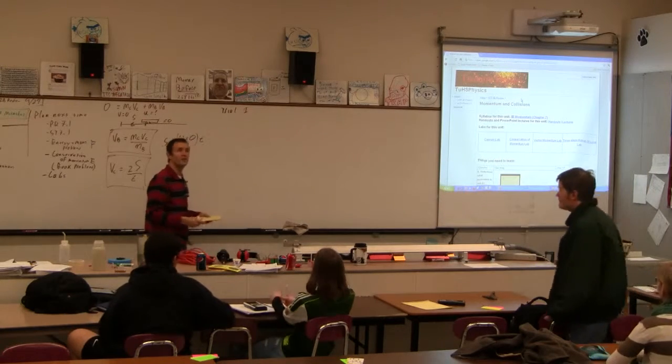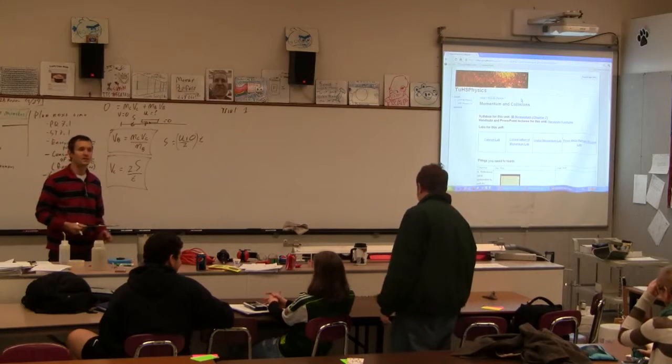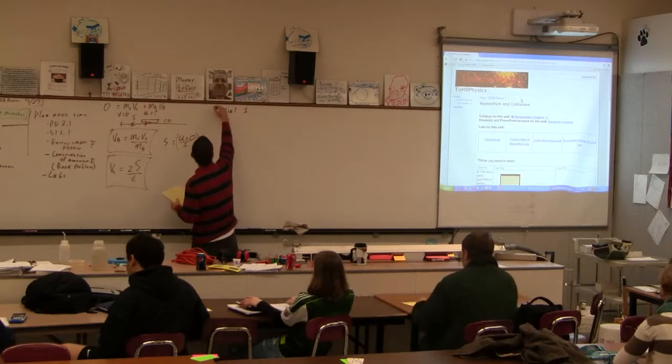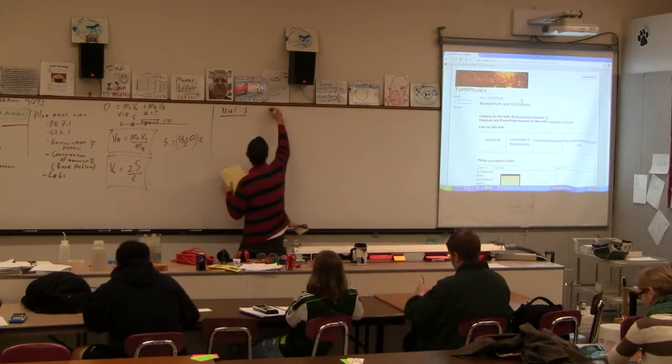Okay, so boys and girls, you're going to turn this in, so get out a different sheet of paper from your notes, if you had notes, okay? Trial 1, trial 2.